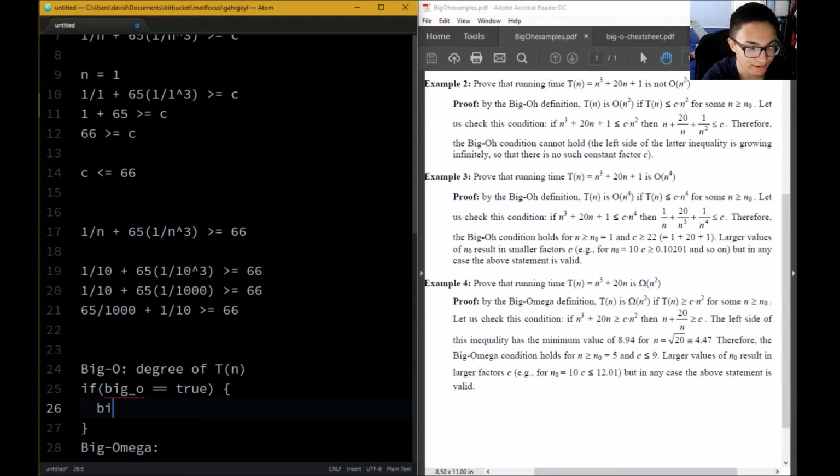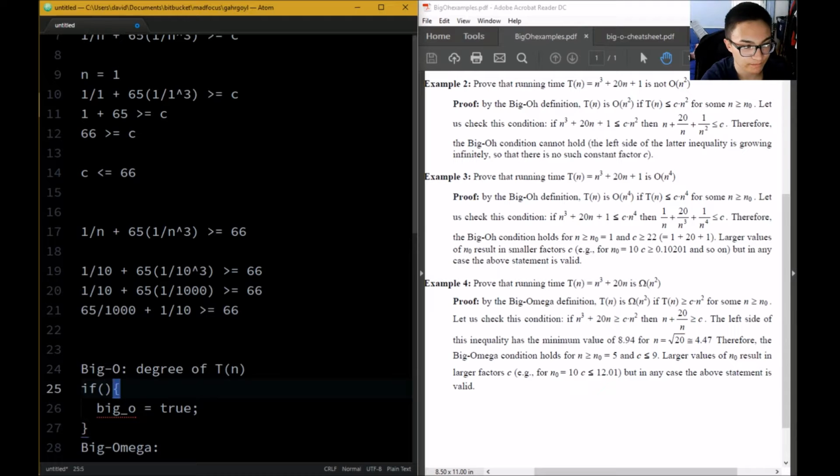If you want big O to be true, you need the degree of your equation to be less than, or equal to, the big O of whatever the equation is.